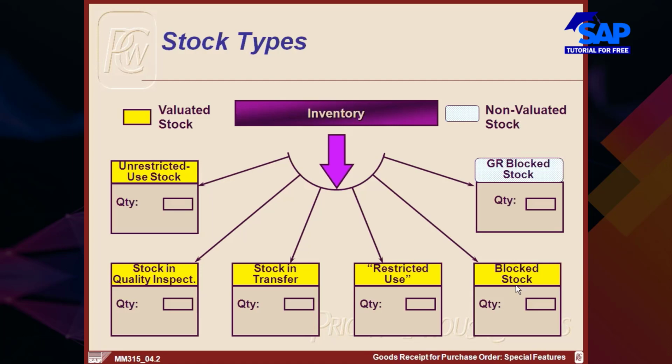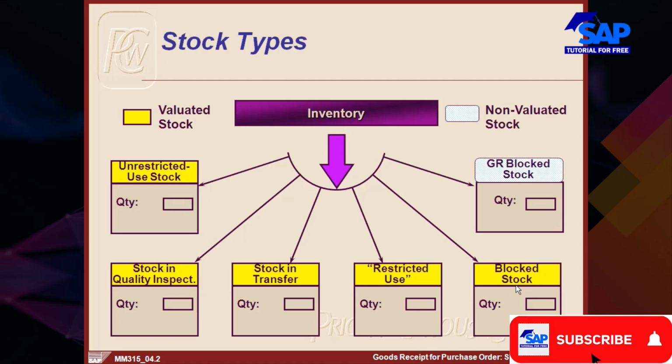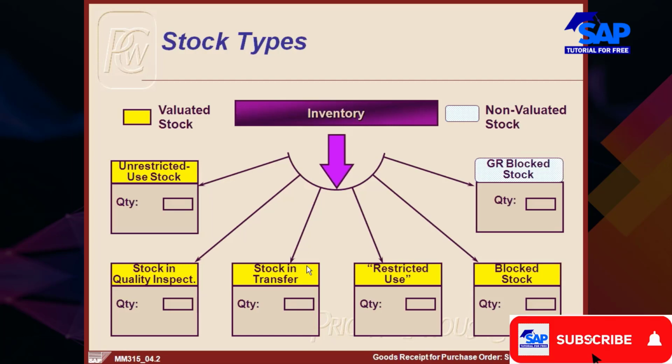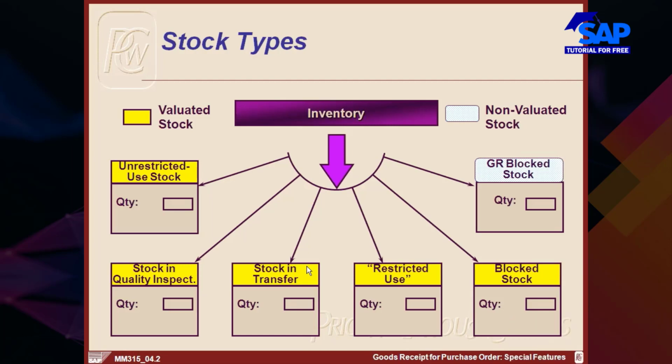Now, apart from these 3, what are the special stocks? Let me tell you. If you move the material from one plant to another plant, then there is something called stock in transfer. For example, one of your plants is available in Hyderabad, the other plant of yours is available in, sorry, what are the plants that we have?